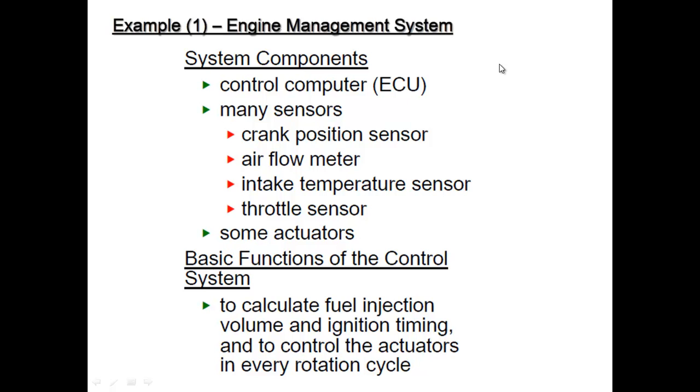Engine management system. What are the engine management system units or system components? It has a control computer, which is the electronic control unit. Then it has many sensors, which get activated based on the functionality or the place where they have been implanted, and give the information to the monitoring unit, and the monitoring unit gives the information to the control unit, so that it is controlled.